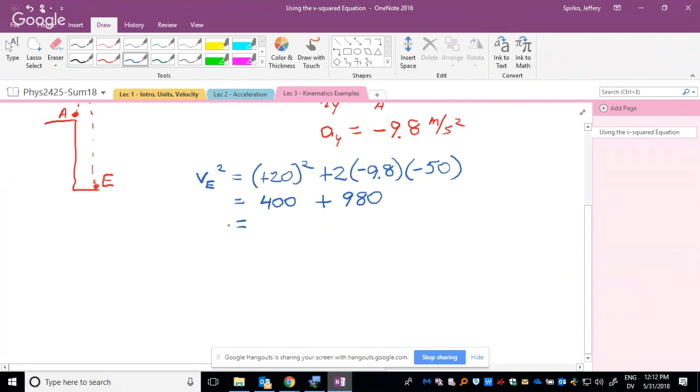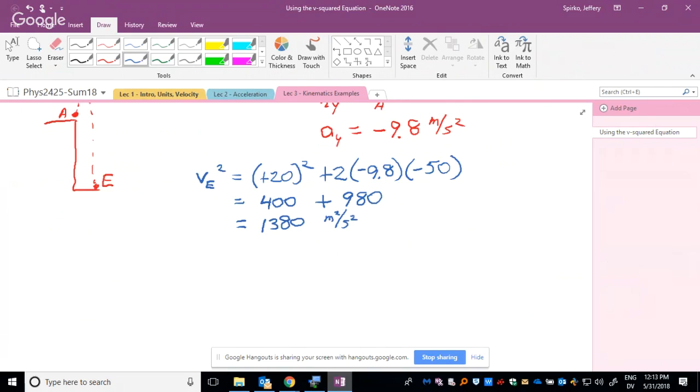So this is 1380. And the units of that are meters squared per second squared. You could get the units by looking at the V squared at the beginning. Those were meters per second, and the quantity is squared. You could also get the units by looking at the multiplication of acceleration with displacement, because the acceleration is meters per second squared, and then we're multiplying by more meters. You can only add terms if they have the same units, and they do.